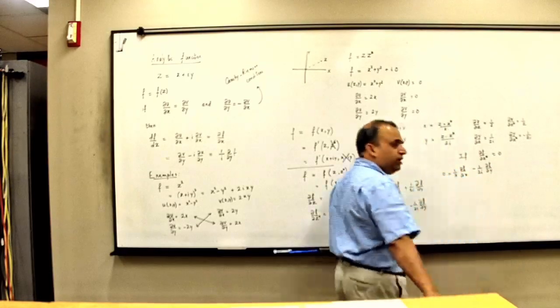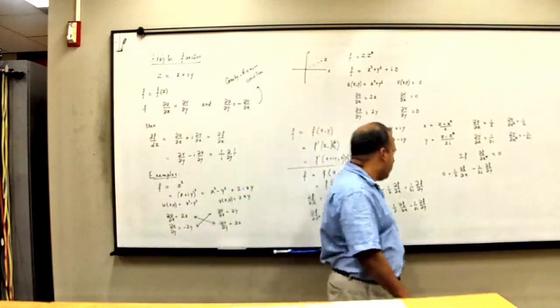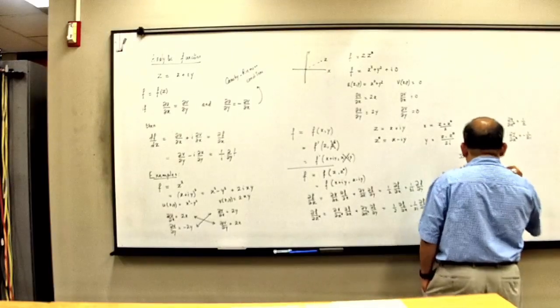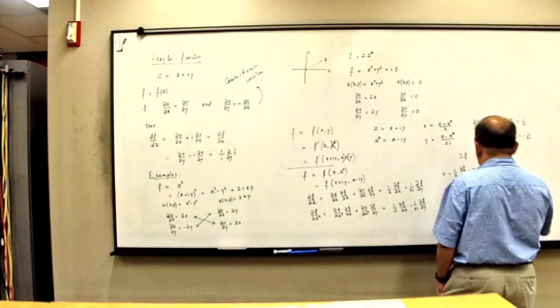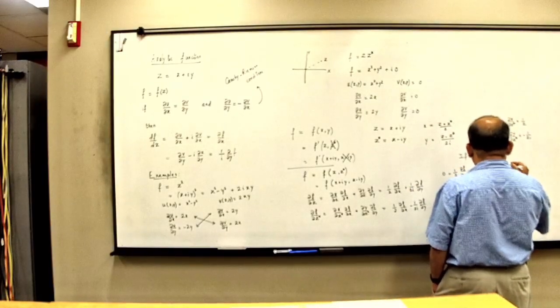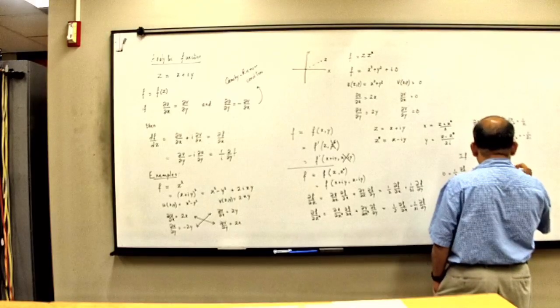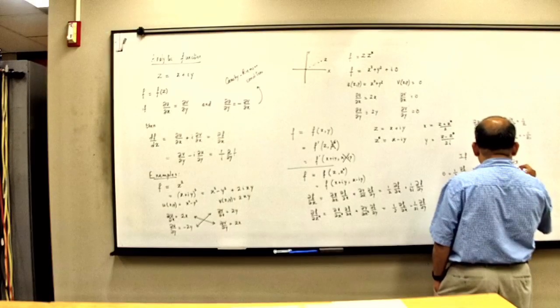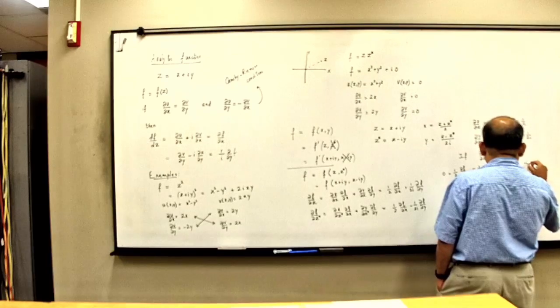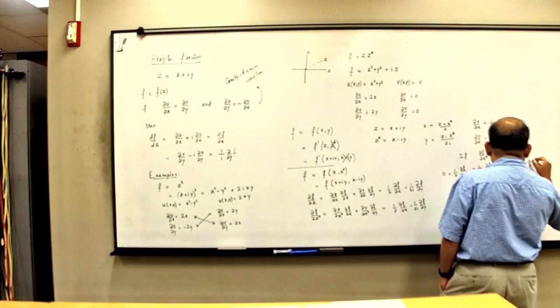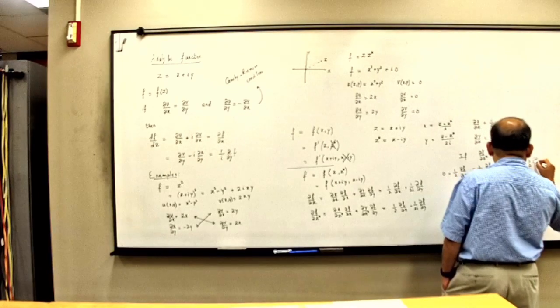So let me write the 0 on the left hand side so that I have some space and keep doing this. f is u plus iv. So the 1 by 2 can go away. So 1 by 2 du by dx plus 1 by 2 i dv by dx.